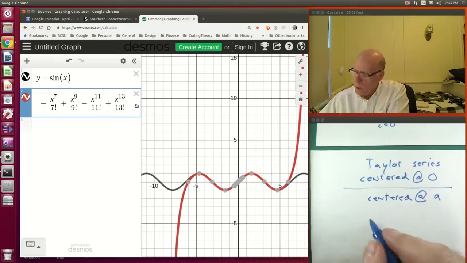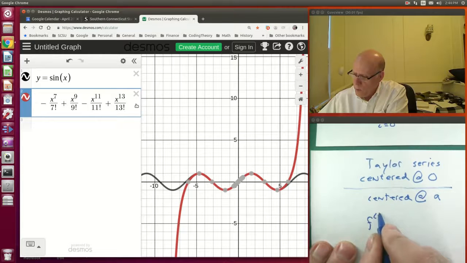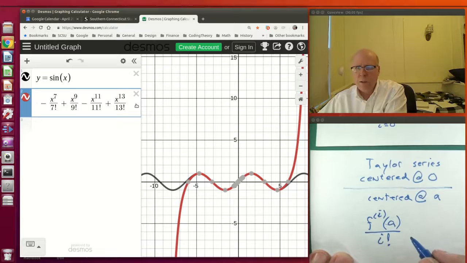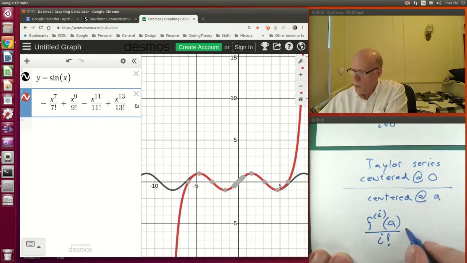Okay? So it's going to involve the ith derivative of the function evaluated at a, and it's going to have the i factorial piece, and the other bit is just a shift of what our powers are. Instead of x to the various powers, we'll shift things so that a becomes the origin. We'll do a horizontal shift by a units, and we'll have x minus a to the i.